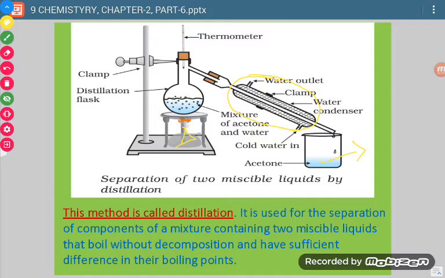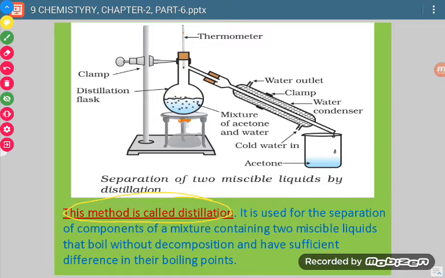For the other component which has a higher boiling point, once we are not getting any liquid over here, it means the first component has gone to this side thoroughly. And then if we see an increase in temperature, it means now the whole of the component has condensed. Now this method is called distillation.